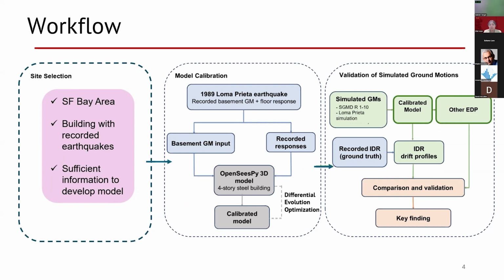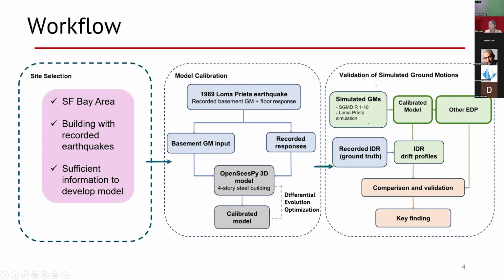That's the first stage. And then we needed to calibrate or validate the model, and we used the recorded motions to do so. Here we use a new differential evolution optimization method to make sure we have a very well calibrated model in hand to do the other studies.